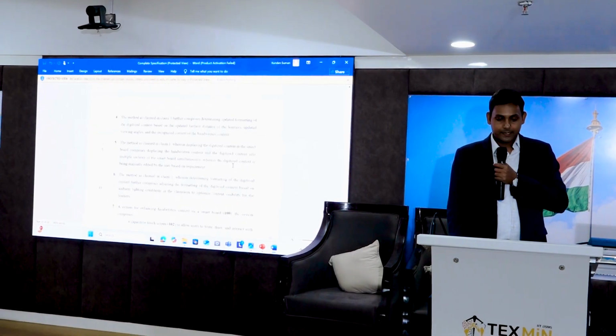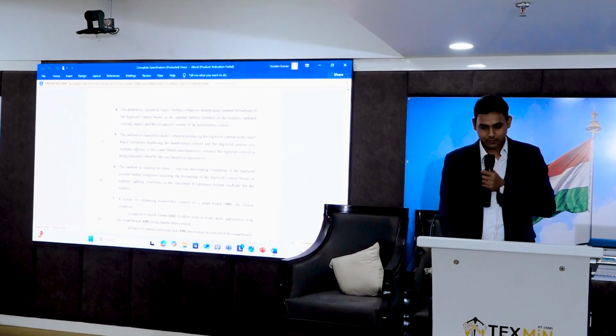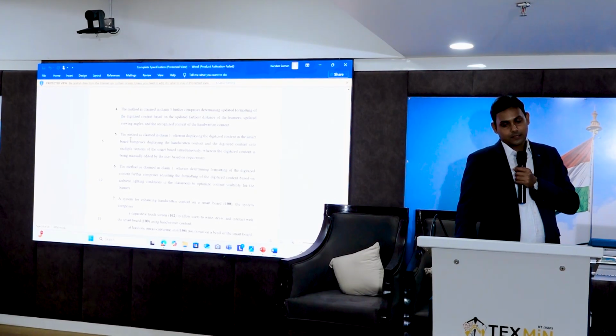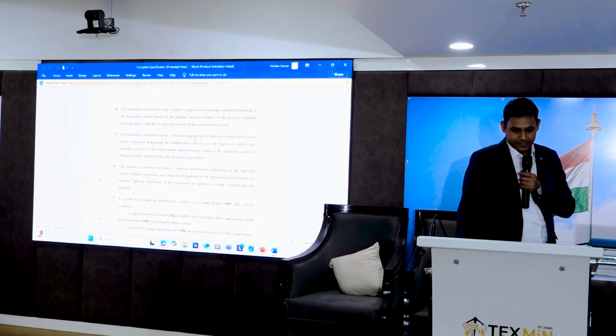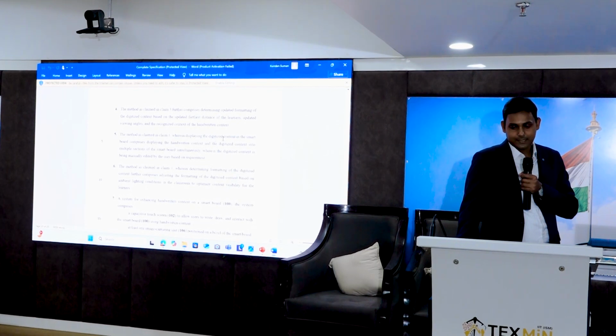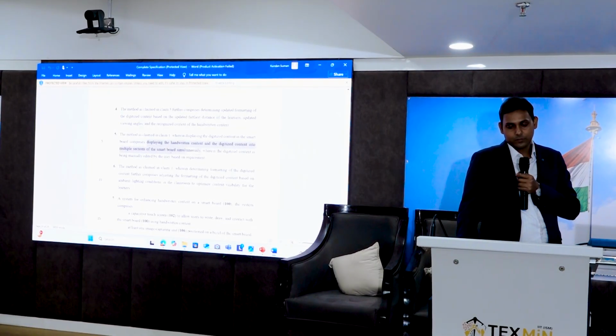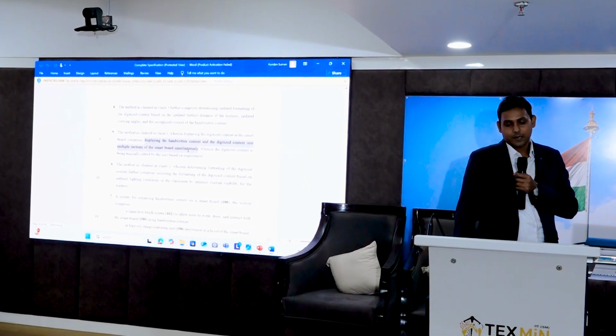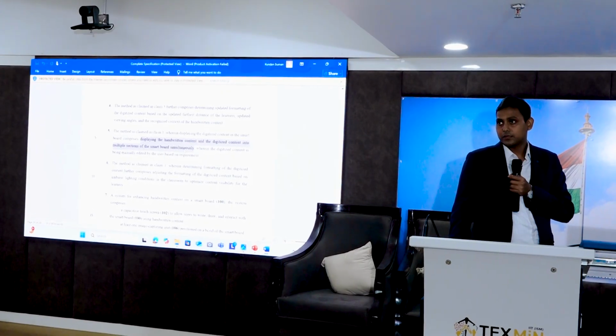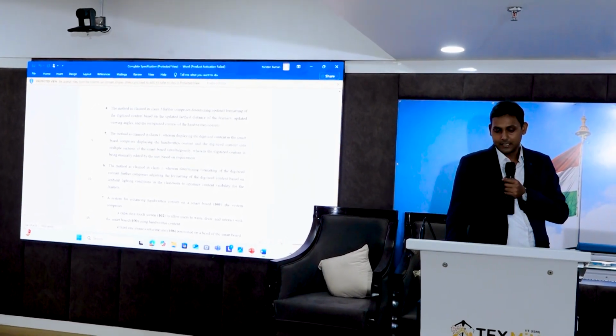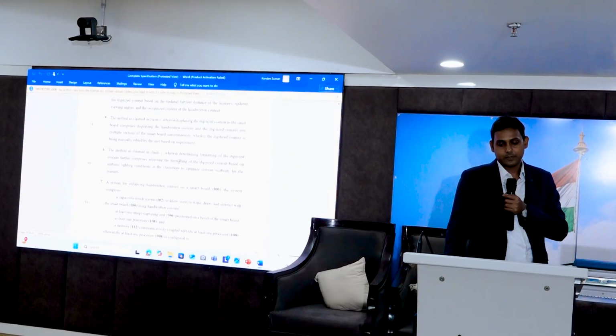And then claim 5, the method as claimed in claim 1, wherein displaying the digitized content on the smartboard comprises displaying the handwritten content and digitized content in multiple sections of the smartboard simultaneously. That means two different display units are present and we are displaying them simultaneously.